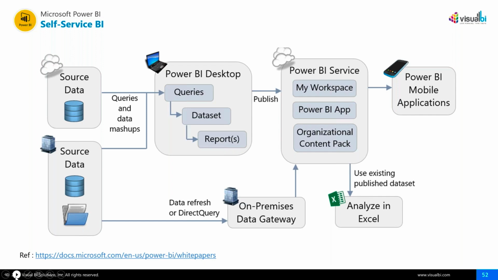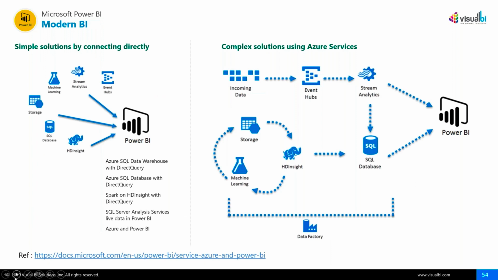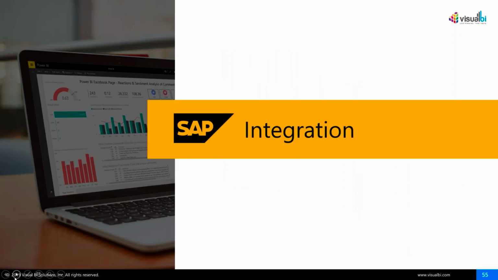This is a self-service BI architecture. This is more of a traditional one, where you can bring in the gateway in between for a live connection scenario. This is if you want to do more modern BI, bringing in your HDInsight and your advanced analytics, and what kind of options you have available with Power BI. We have placed it for your reference.